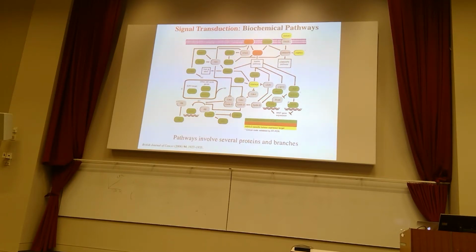Being able to manipulate these signaling events is really important for controlling disease states. This shows some, not all, of the critical biochemical pathways that are involved in lung cancer.